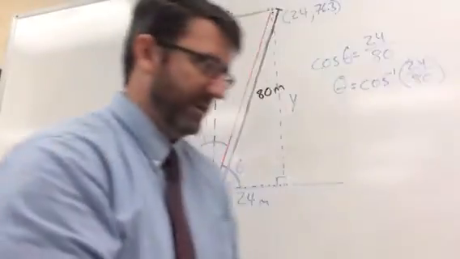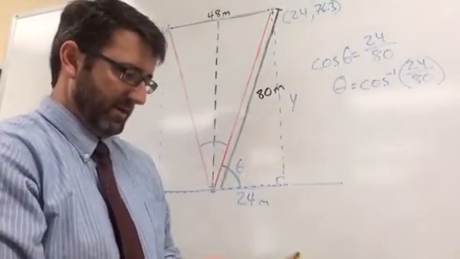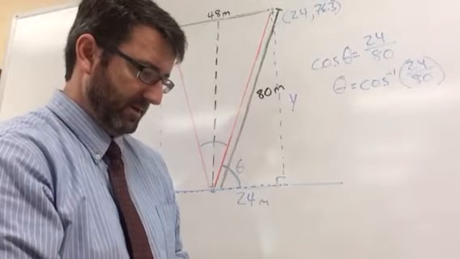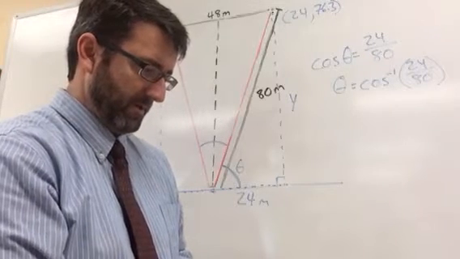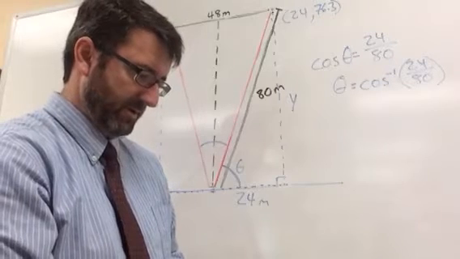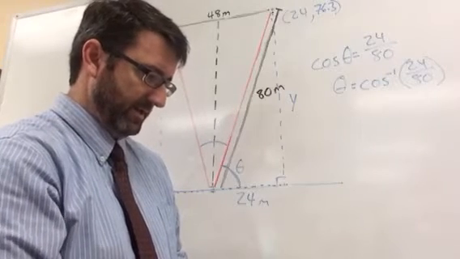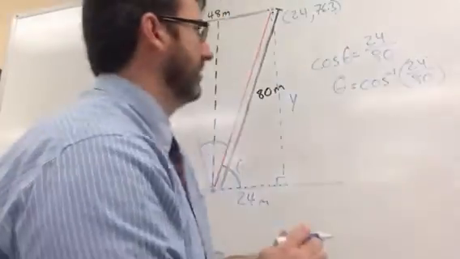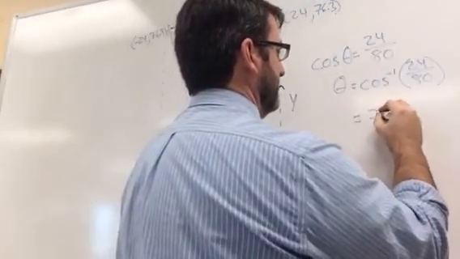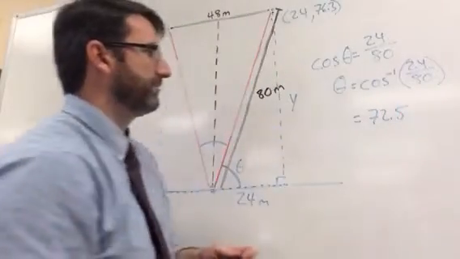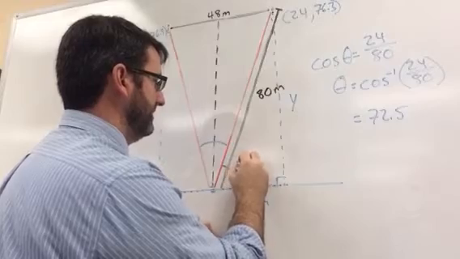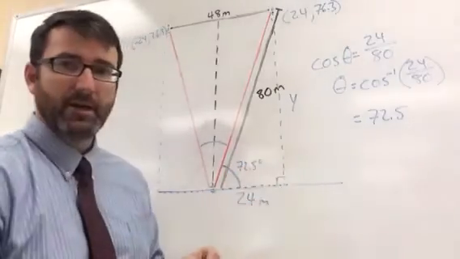And let's plug that into our calculator. The inverse cosine of 24 divided by 80 is 72.54. Let's just call that 72.5. So that means this angle right here is 72.5 degrees.